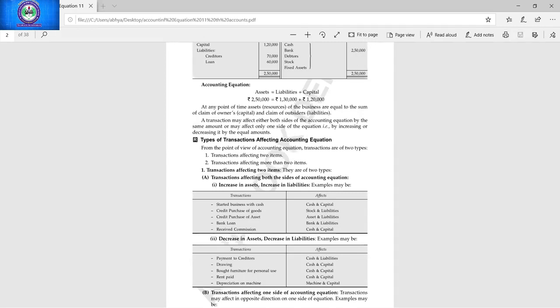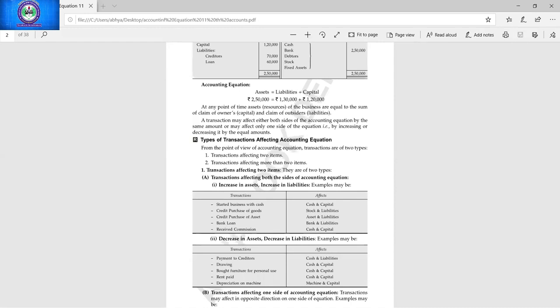There must be one question in your minds, how you will come to know whether it is a good or an asset. Like if I am telling you furniture purchased, how would you come to know that furniture is an asset or furniture is goods? Whenever goods will be purchased, it will be clearly mentioned in the question that goods purchased.